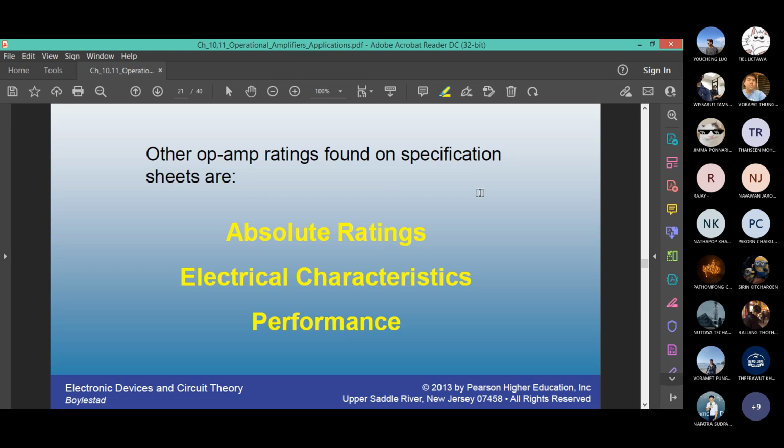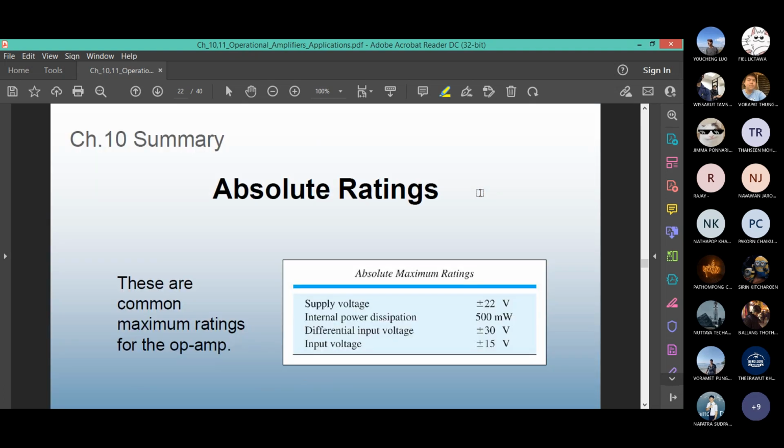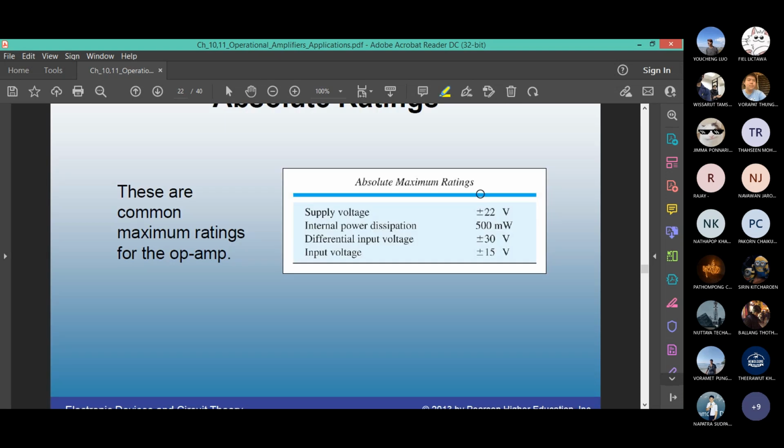If you look at the spec sheet of an op-amp, you will find some typical values. They will give you absolute voltage and current ratings, and electrical characteristic performance. Here's one example. Supply voltage plus minus 22. Where is the minus coming from? There are two pins. One is V plus, the V sat plus, and another one is called negative V sat.